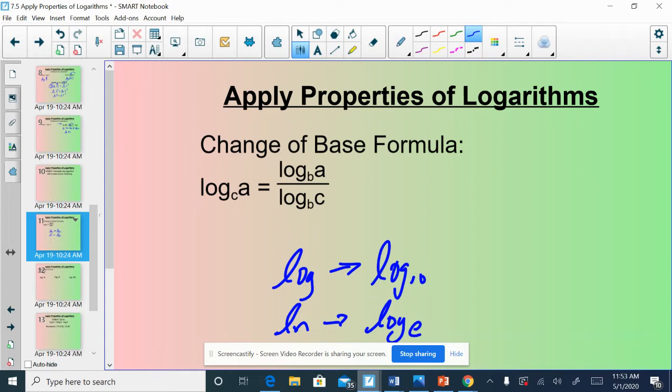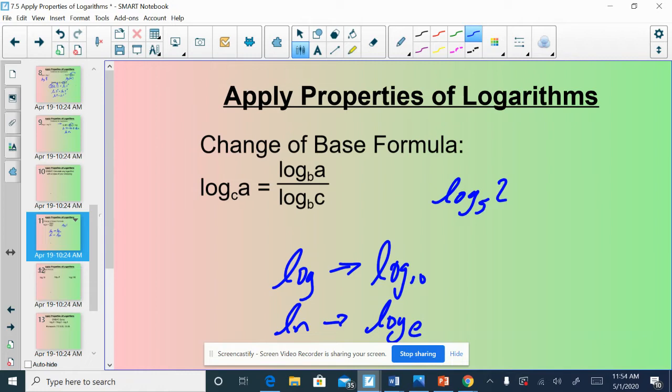However, now we're going to start using our calculator, and I'm going to show you how we can do that to answer some log questions. So let's say we have a hypothetical scenario where we have log base c of a. Let's say, just picking something random, log base 5 of 2.